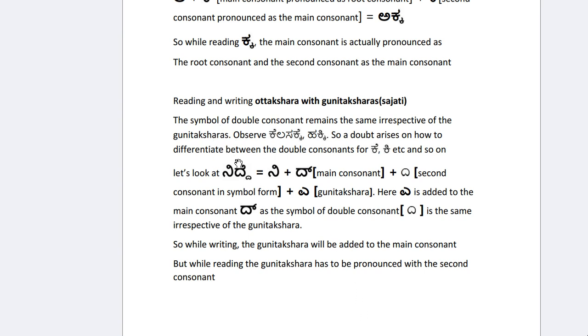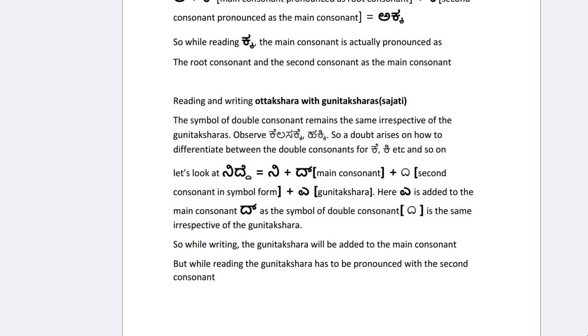Okay, see here, I am writing A on the main consonant, but when I read it, I am not reading it as there. I am reading it as only the root consonant, and the Gunitakshara is getting added to the secondary consonant. Okay, so this is the rule which you have to remember. These are the rules for reading and writing.